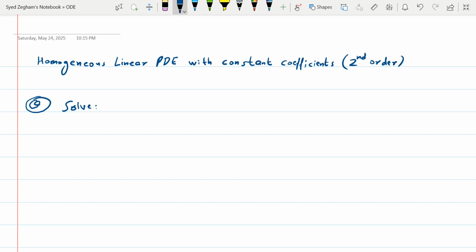Let us take a second order partial differential equation which is homogeneous, which is linear and has constant coefficients.